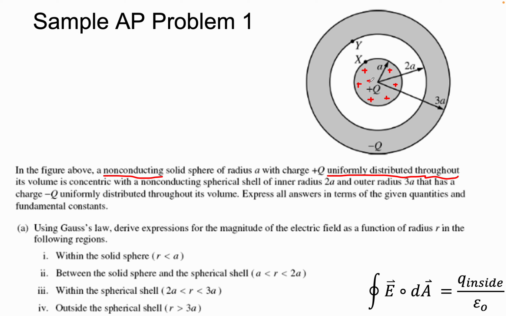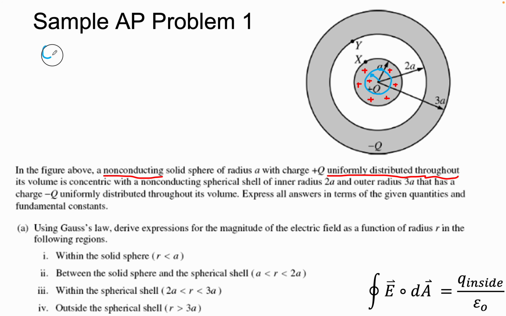And now the question is, what is the field for each one of these? And I don't think I put answers on here. No, I didn't. Sorry. So let me quickly do a couple of these. So if you're on the inside, how do you solve this? So imagine R is inside of this thing. How do we figure out how much charge is inside of this Gaussian surface?